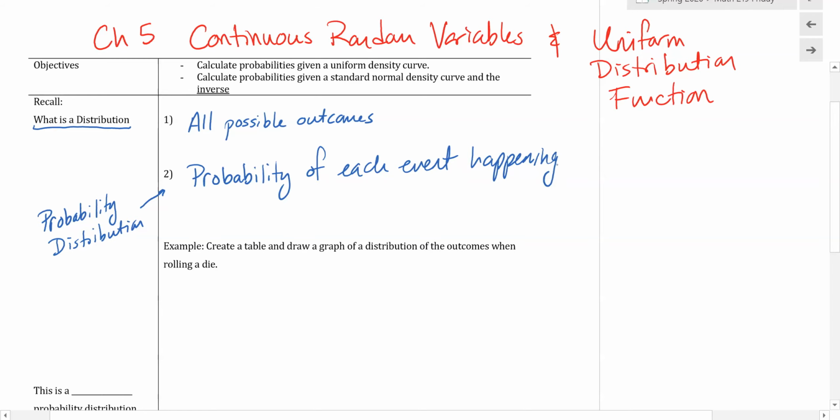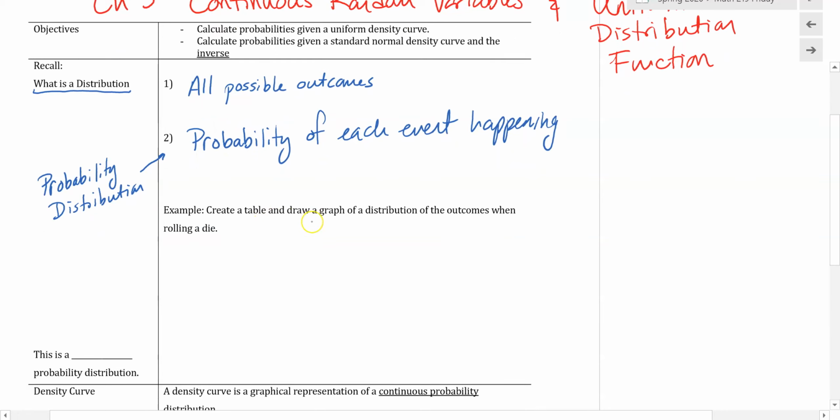So just to remind ourselves here, they say, example, create a table and draw a graph of a distribution of outcomes when rolling a die. So we need to assign a random variable. Remember, so maybe I'll say let x equal the outcome I get when rolling a die.